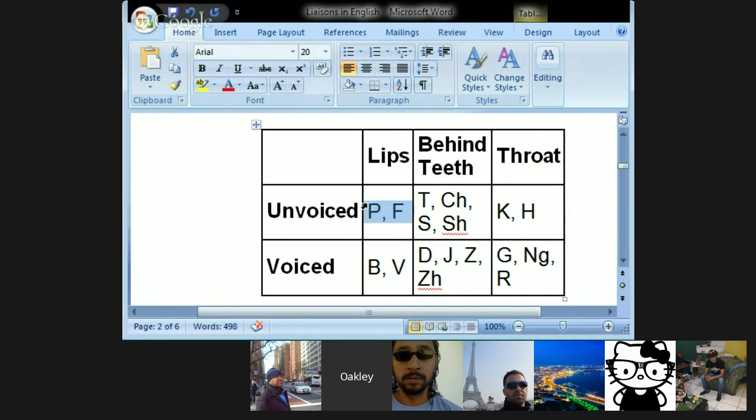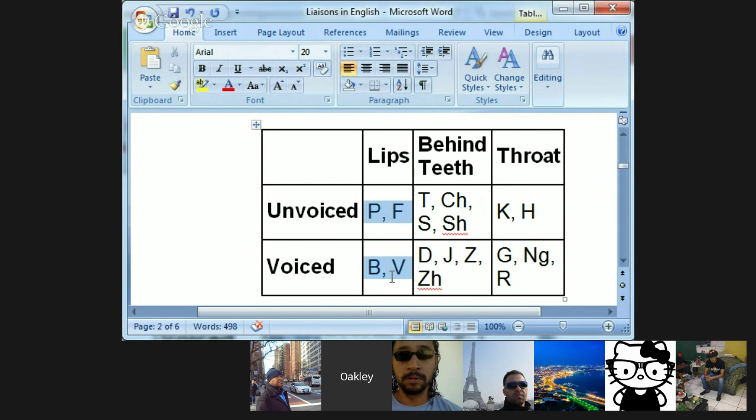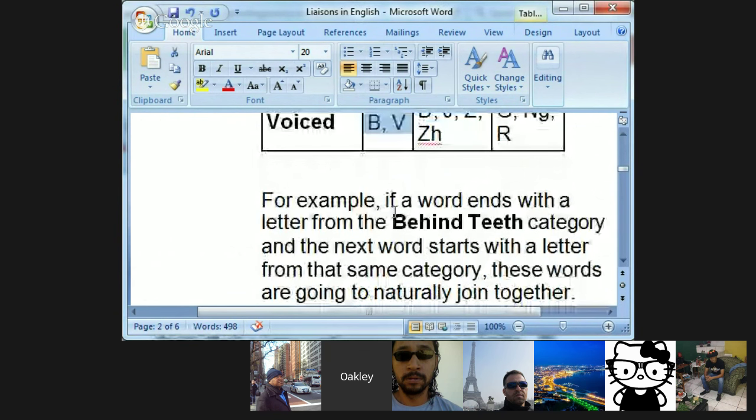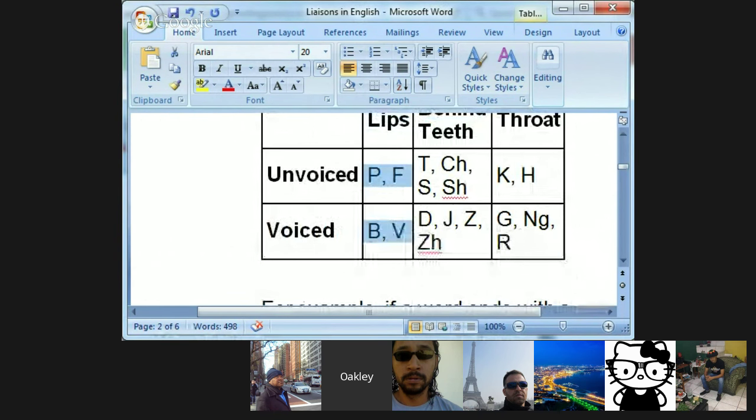Any of these are easy to maneuver from one to the other. It's very simple. And also when it comes to ED word endings, these unvoiced and voiced sounds are really helpful.